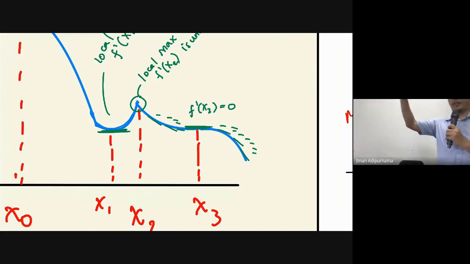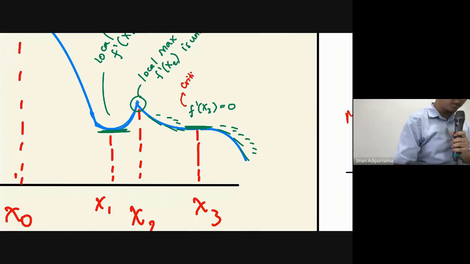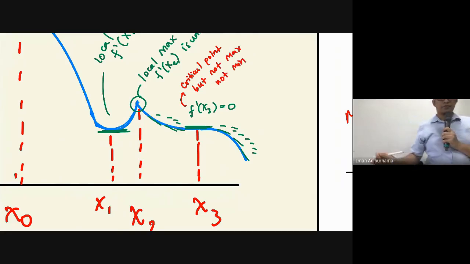It's still negative and then negative after the point. We just say it's a critical point, but not a maximum or minimum. So I will write this as critical point, but not max, not min.